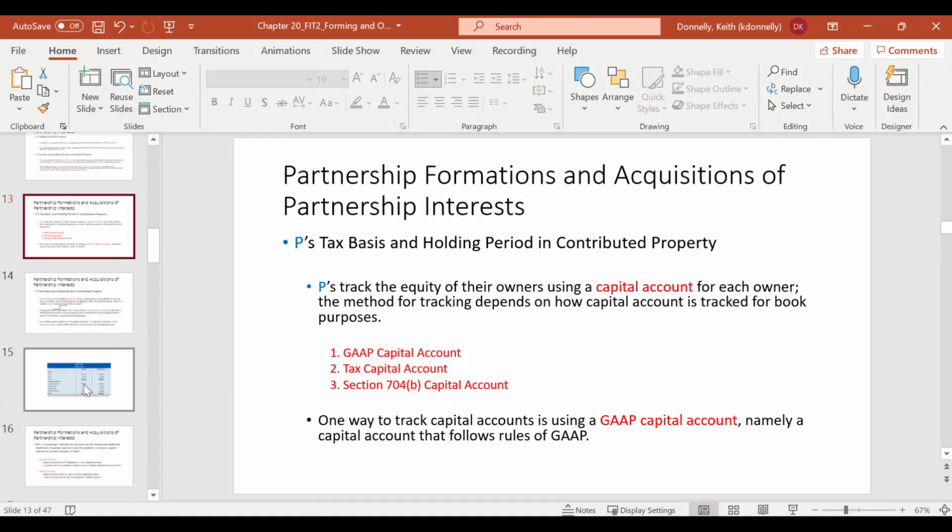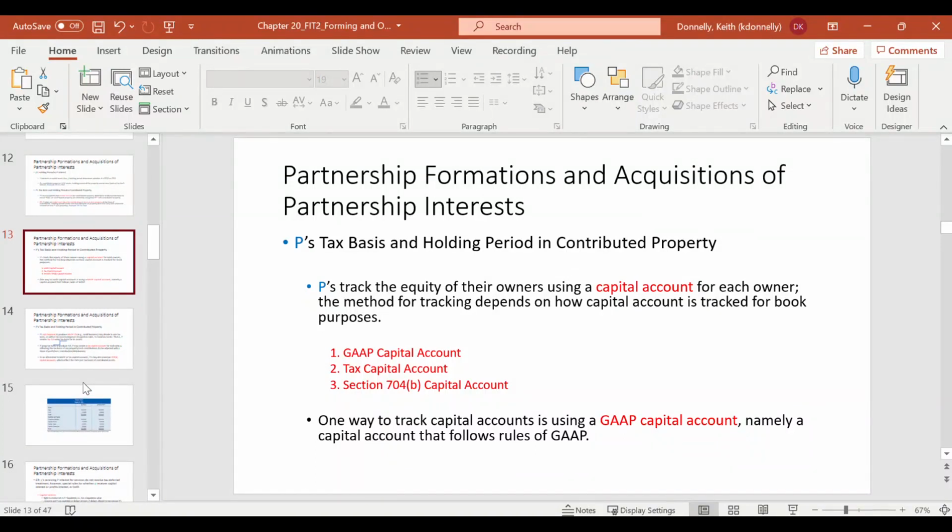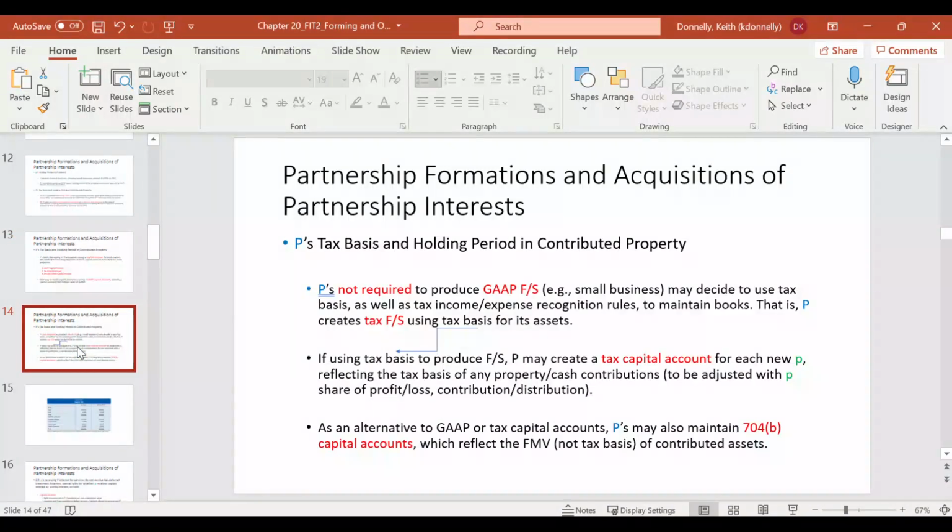Finally, here in the last couple slides, you can look at the capital account information. Basically, what it's used for is to track the equity of the owners of the business. That's what the capital account's for. You can use 3 different bases for this: the GAAP, the tax, or the IRS Section 704(b) amount, like book, tax, and then 704(b).